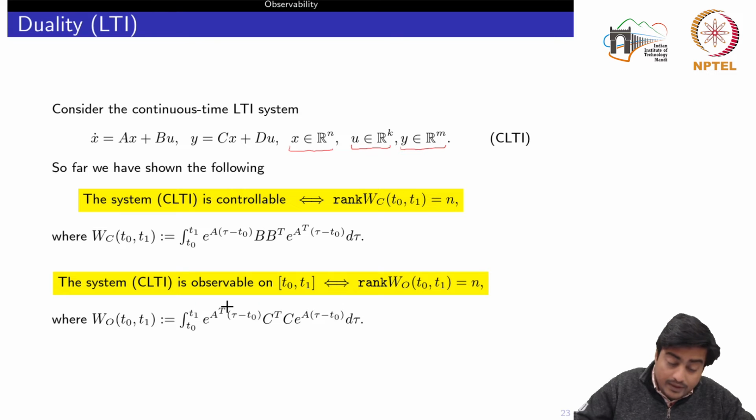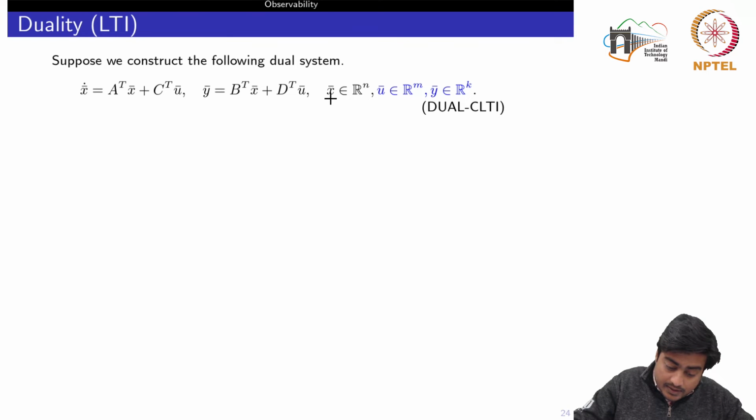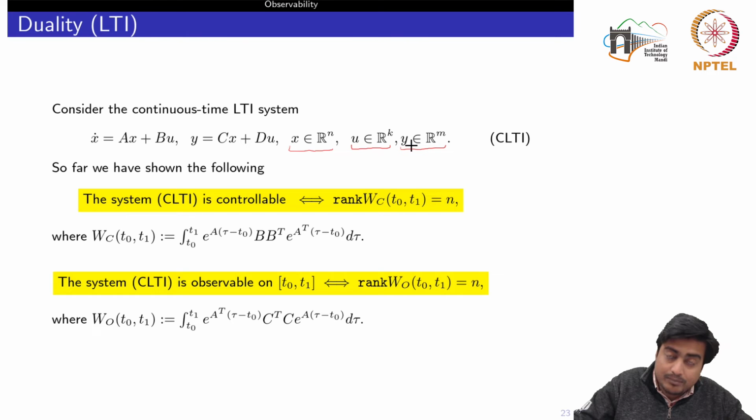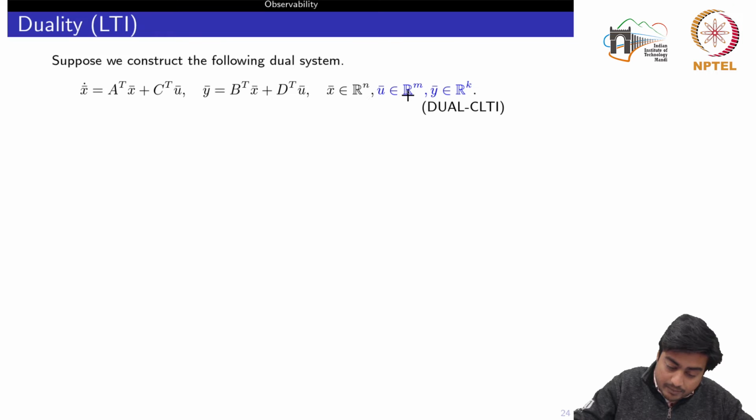Right? Now I will define a dual system in the sense that the X bar would be n-dimensional, but U bar would be of the dimension of the output. Previously we had m number of outputs, but in my dual system I represent it by U bar, m number of U bar, and k number of Y bar.